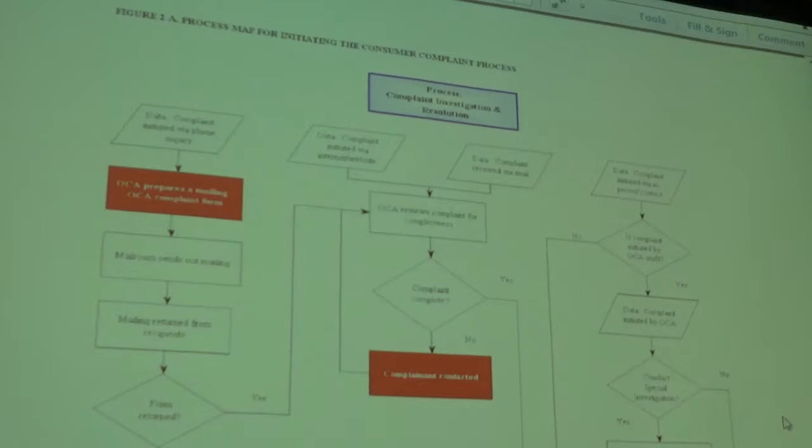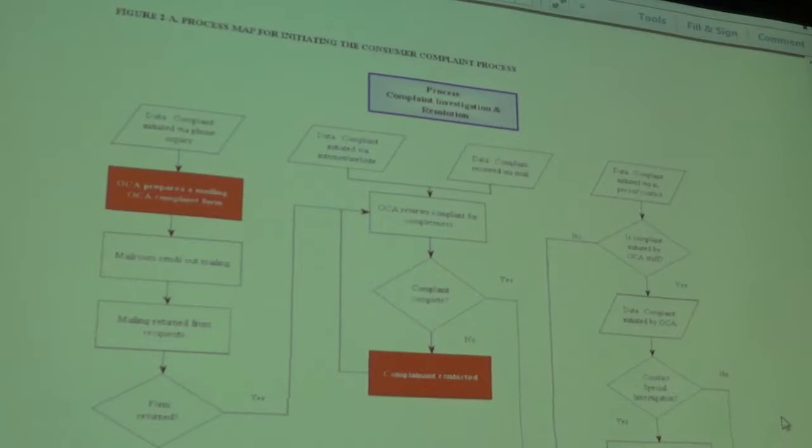So there are four mechanisms in place that drive the initiation of the consumer complaint. As you can see from the process map, those initiated on the phone have a particular track, the ones initiated by mail and the internet have a particular track, and those initiated by personal contact going into the office have a particular track.